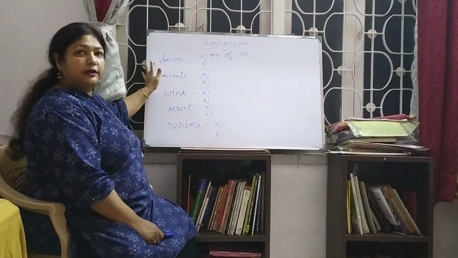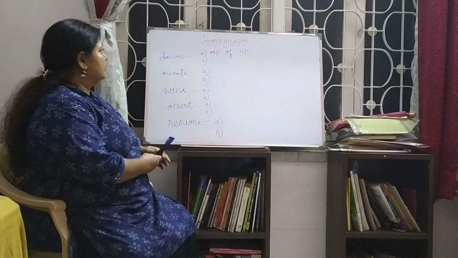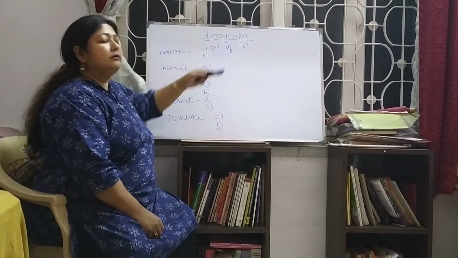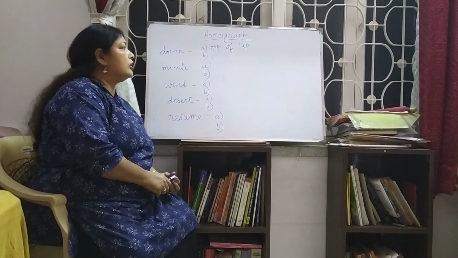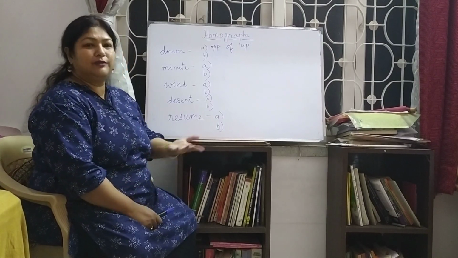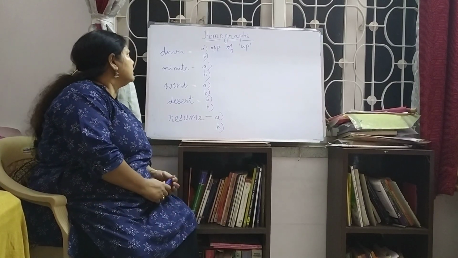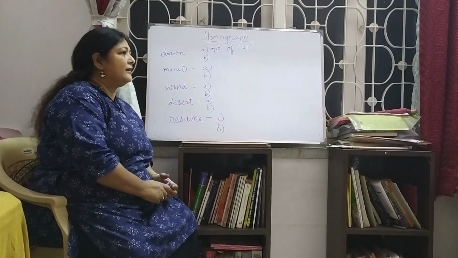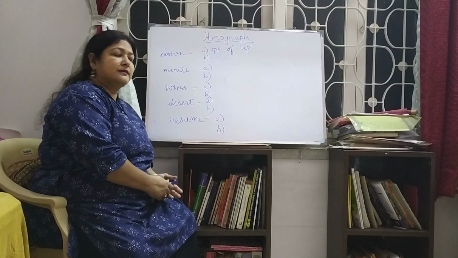The first word is down, D-O-W-N. The common meaning is the opposite of up. The first meaning, which everyone knows, even a class 1 girl is able to answer, it's the opposite of up. And I'm sure all of you can make a sentence with it.